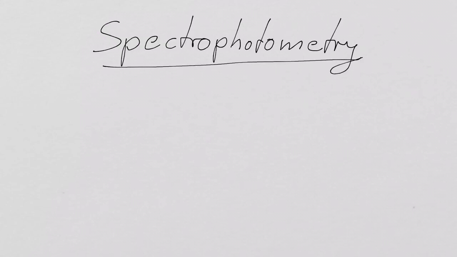But we need to do a little bit of theory in order to understand what you can do and what you can't do with a spec. So the first thing that I want to emphasize to you, and for those of you who have done physics, it's really old stuff, but it's important, is that whenever we have any kind of electromagnetic radiation, it can interact with matter.